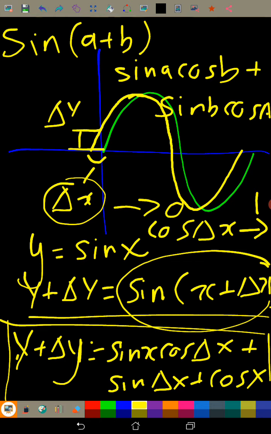That's something we know. And sine delta x is going to go to 0. Actually, sine 0 is 0. It's not delta x, but here it's saying delta x.